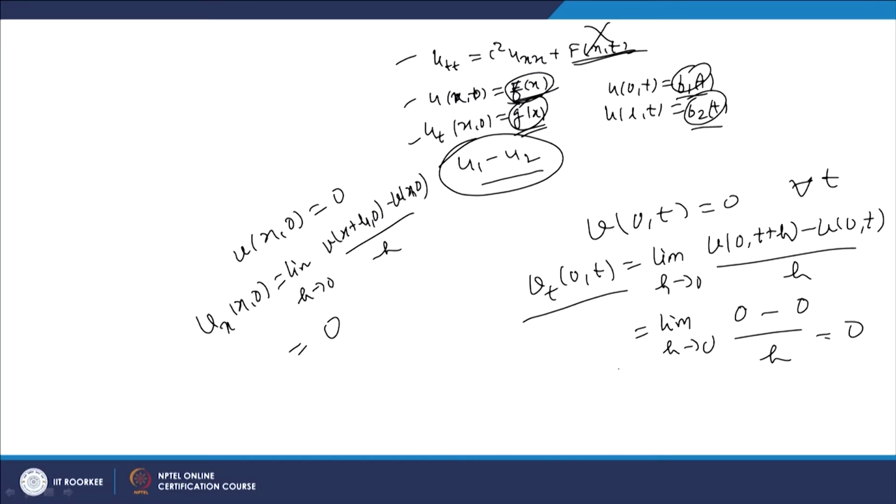So, here we are considering this kind of domain. We have a rectangular domain, with x equal to 0 and x equal to a, and y equal to 0 and y equal to b.